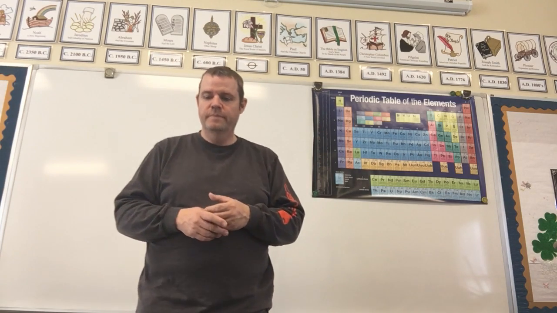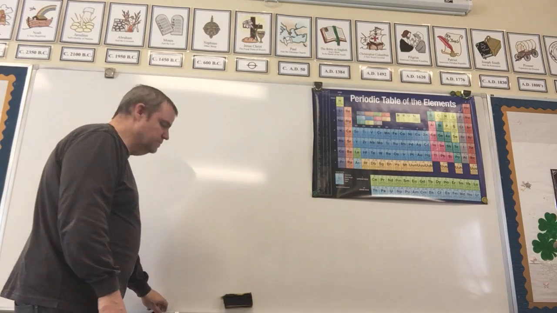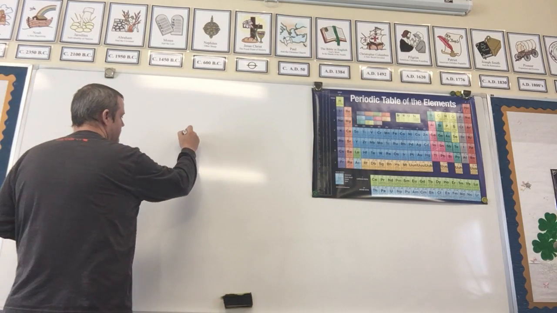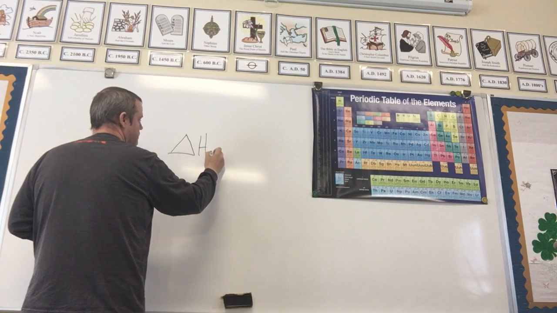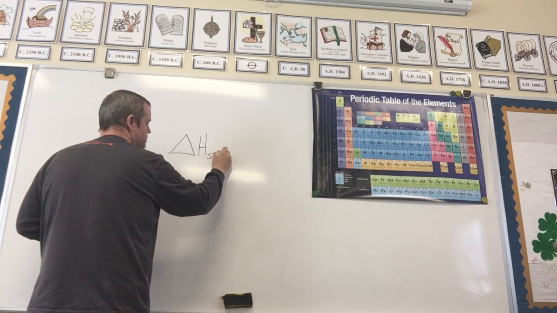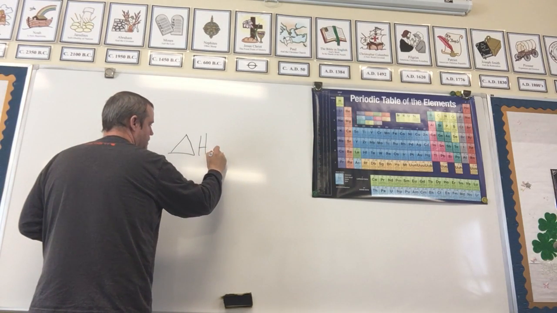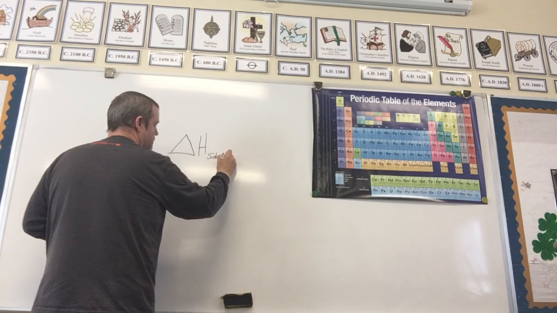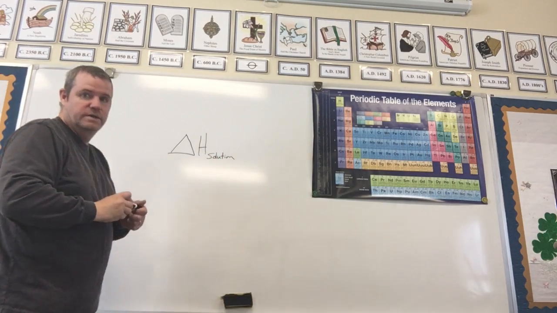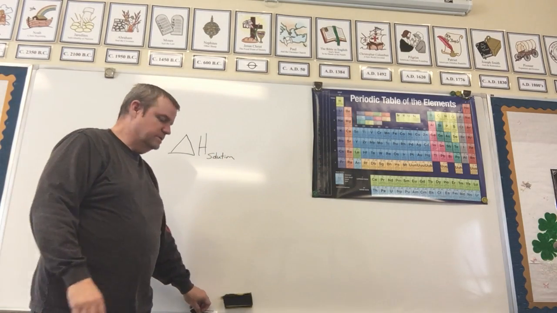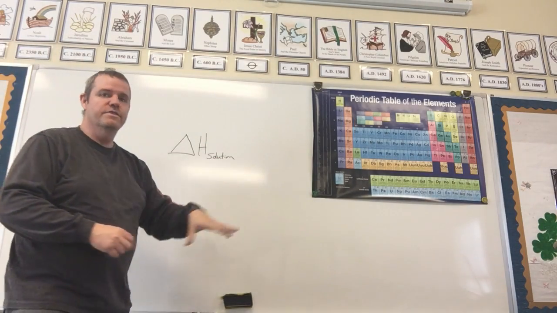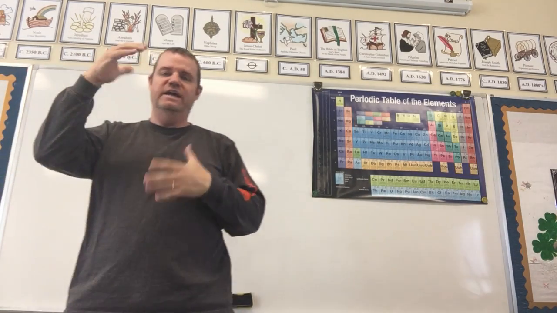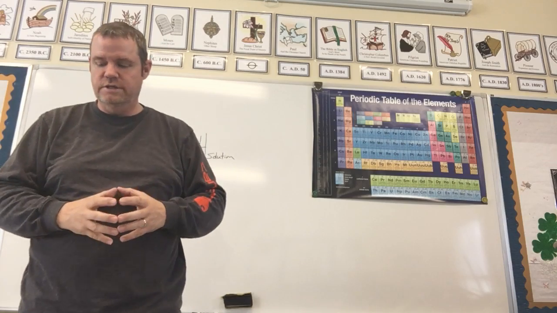So enthalpy again is the heat of solution. We show it as the delta sign for the change of heat, and then you put a subscript for solution, something like that, the heat of solution. That would be how you show that you're talking about the enthalpy, or the change in its internal energy.